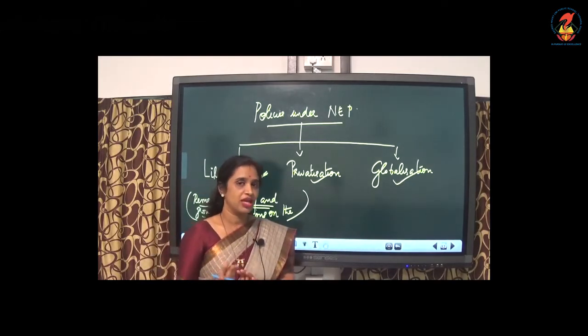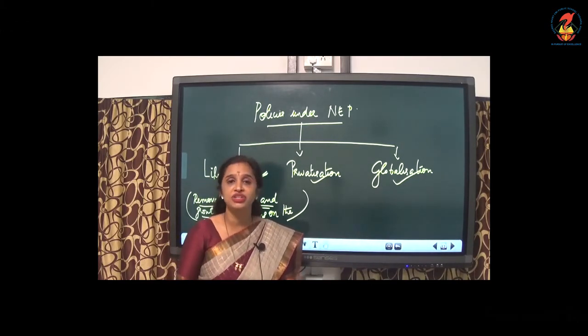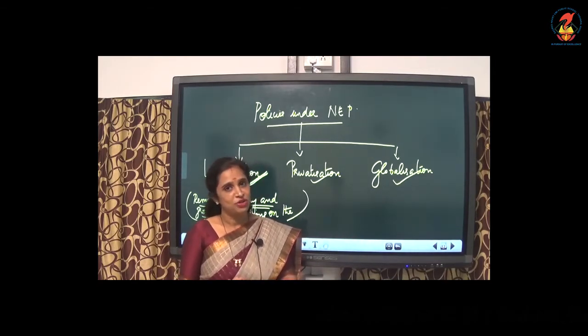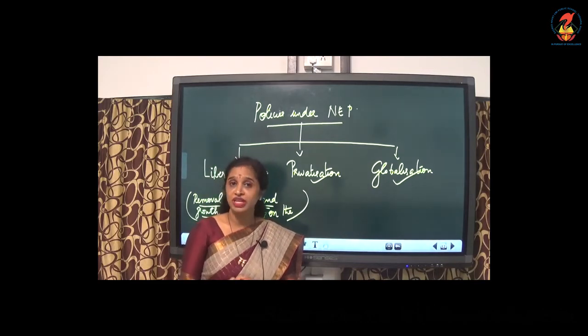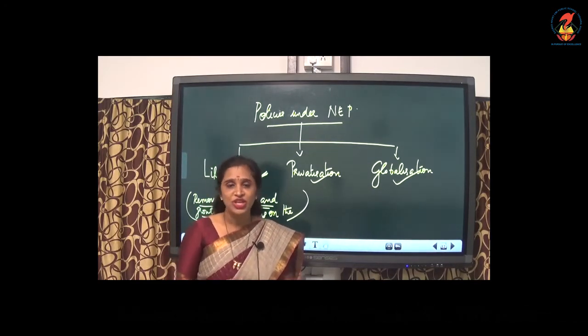That means the private sector will be given more involvement in the economy. You can remember that was one of the first conditions on which India was granted the loan by the IMF and the World Bank. The private sector should be given freedom to make investments in the economy.